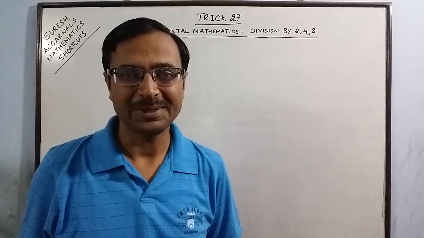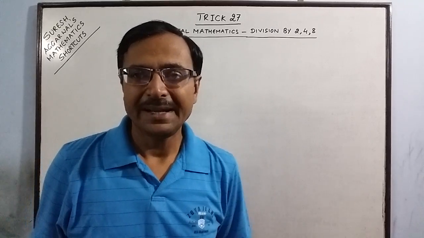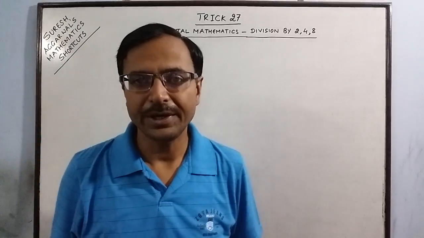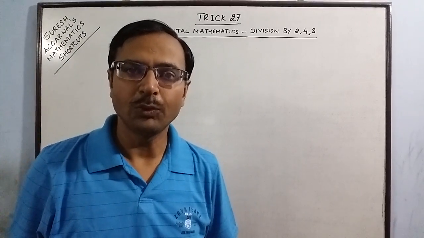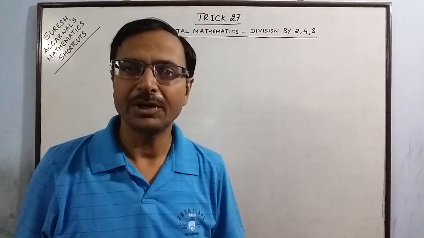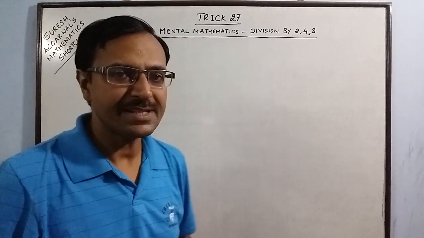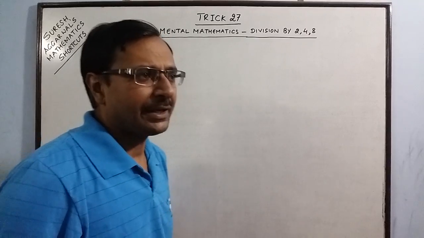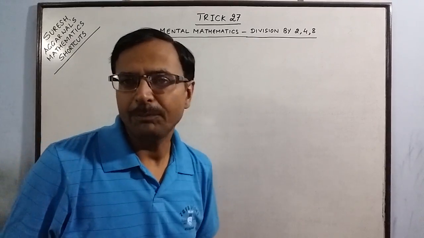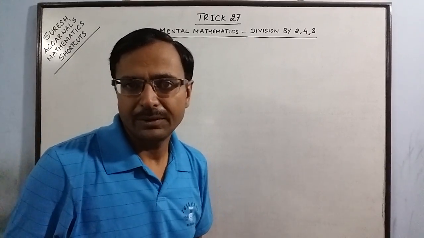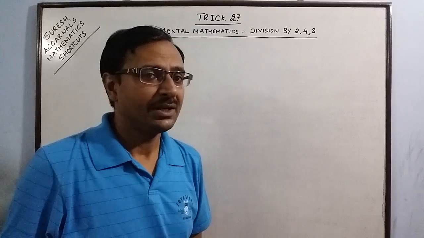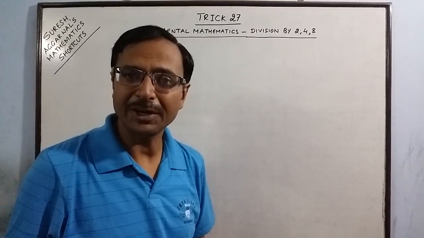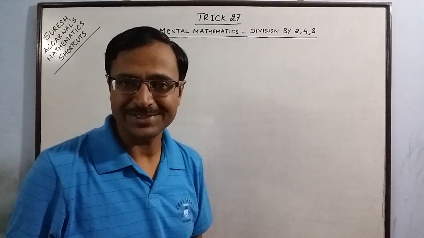Now I'll take basic division by 2, 4 and 8, just like we did multiplication by 2, 4 and 8 in our trick number 26. Now in 27 we are going to deal with division. Again I reiterate the point which I told you in the previous trick, that it is the way in which we put up things in front of our children, our students.